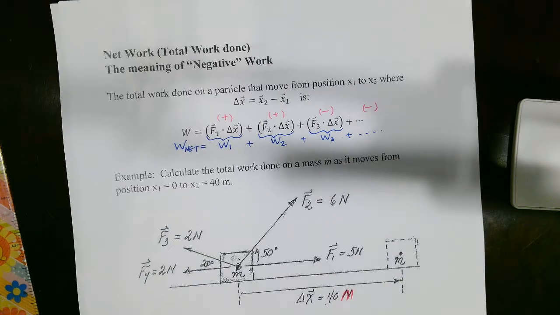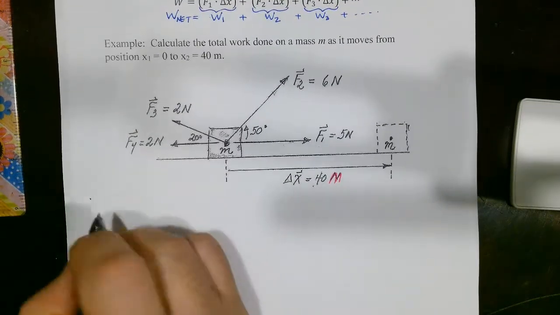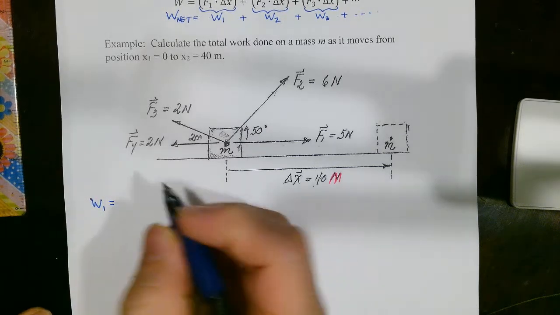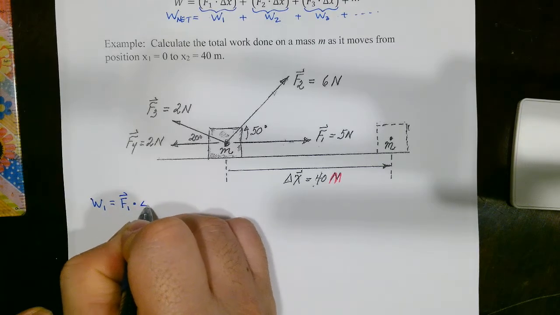So here, if we were to find work 1, work 1 is equal to F1 dot delta x.